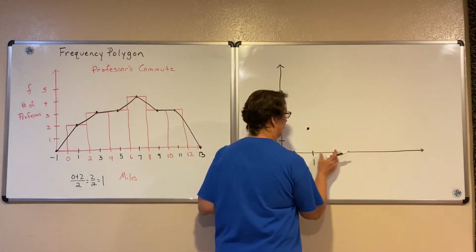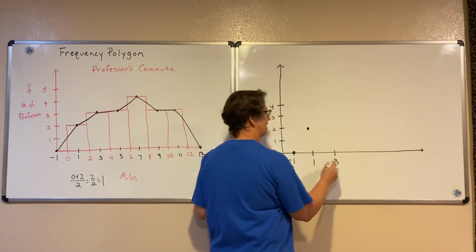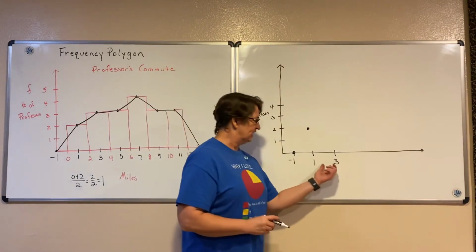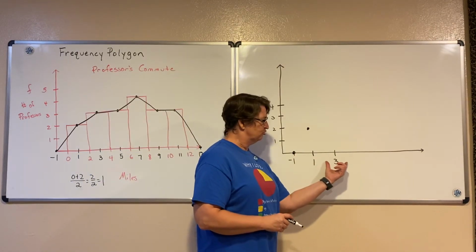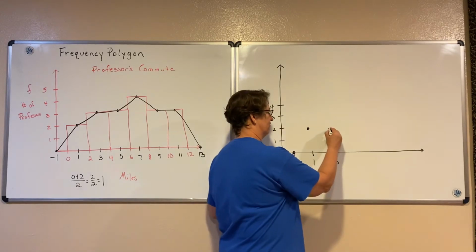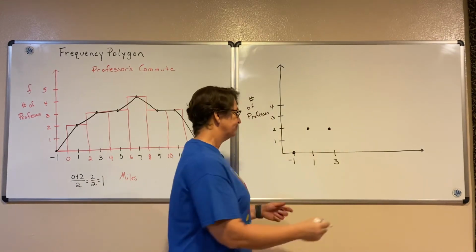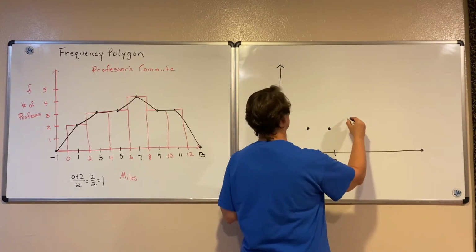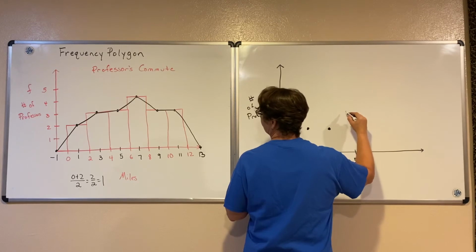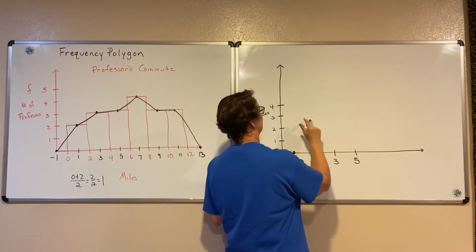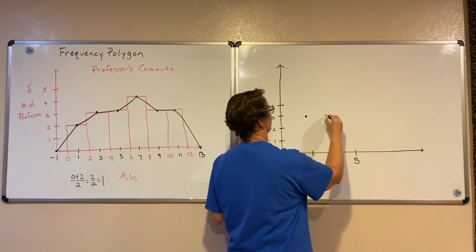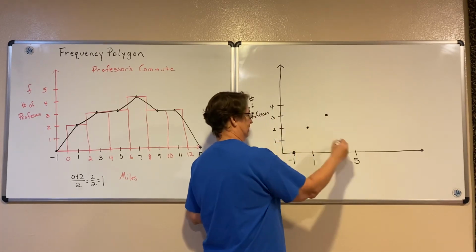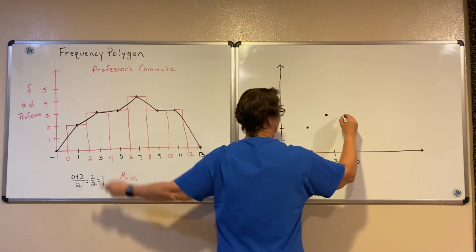I'm going to keep counting by that consistent amount. 3 is the midpoint of my next class. So this class goes from 2 to 4, and there were 3 data values in that class. Oops, this was supposed to be 3, I'm sorry. No, this was 2, that one's 3. Then the next class is also 3.